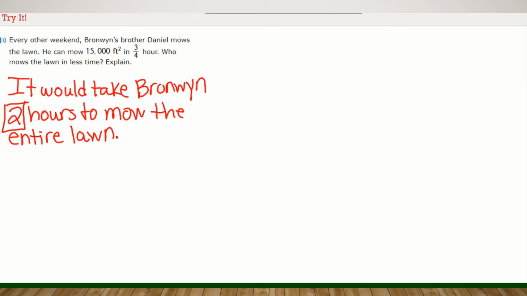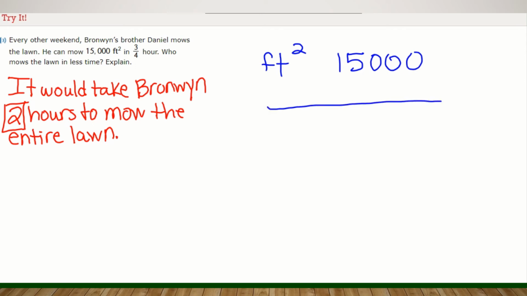Now we need to figure out how long it would take Daniel to mow the entire lawn. We can set up our unit rate just like we did with Bronwyn. We put square feet in our numerator, and we know that's 15,000 square feet. And in our denominator, we put hours. The number associated with hours is 3/4.